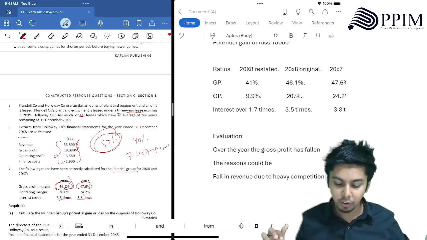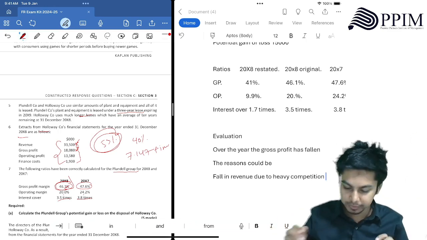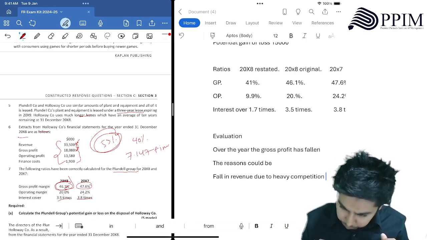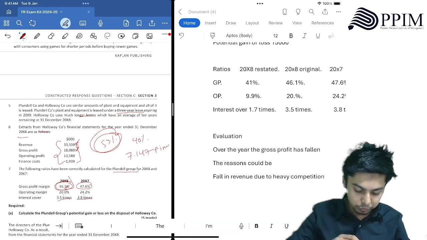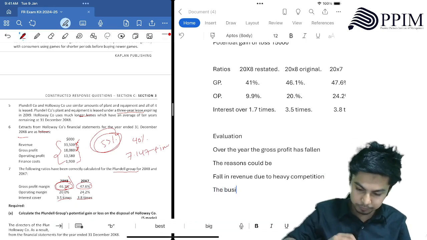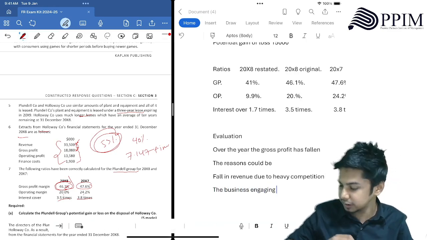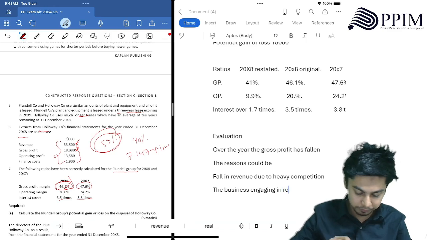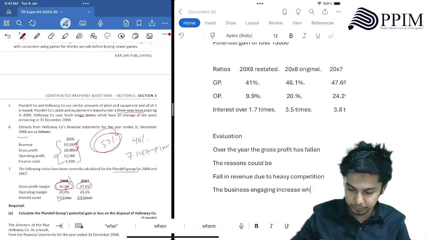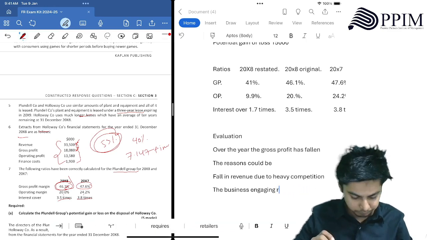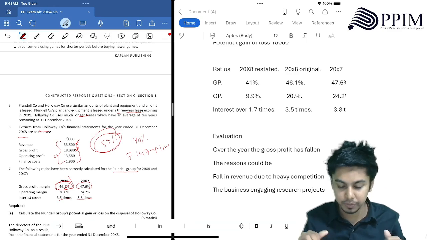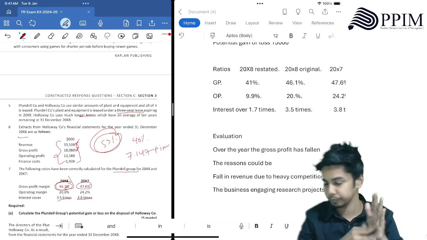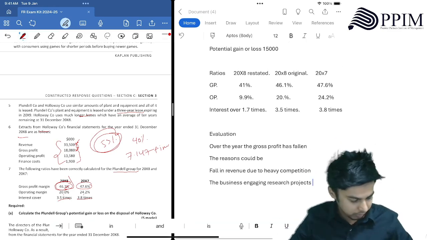So guys, fall in revenue due to heavy competition. That's one thing we can say there. Second thing, we can also say the business is engaging in research projects.